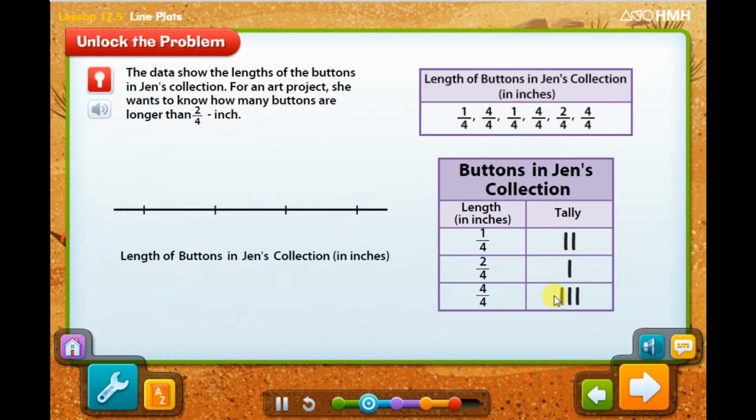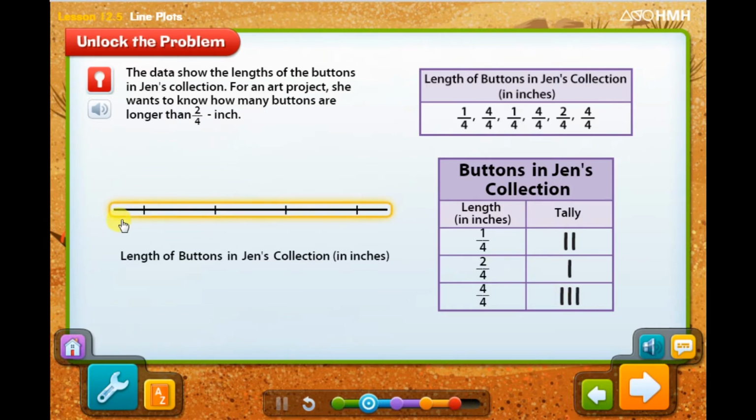Now that you know how many of each size button Jen has, you can begin creating your line plot. The fraction lengths should be ordered on a number line from the least value of the data to the greatest. So first, in the frequency table or tally table, you have to order the numbers from least to greatest. The same here on the number line.